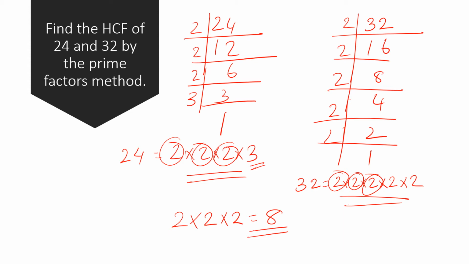What does this mean? A number which can divide 24 as well as 32, and that number is the highest. That means you can divide 24 with 2, with 3, with 12, with 4 also; you can divide 32 with 2, then with 4, with 8, and 24 also with 8.